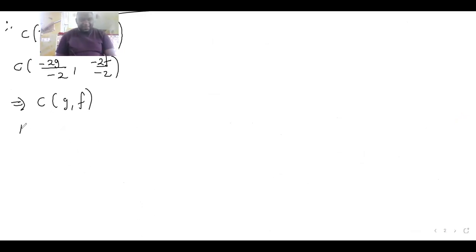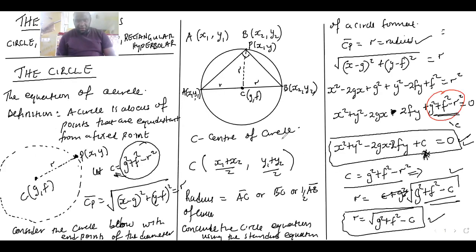Okay, the alternative. Alternatively, we can use gradients. The gradient of line segment AP. If you recall, I gave you A. You see this A?